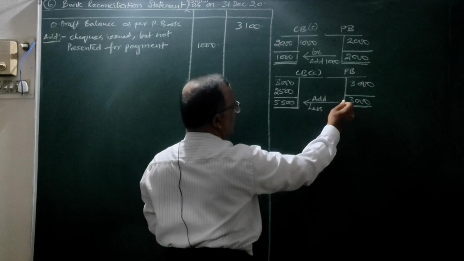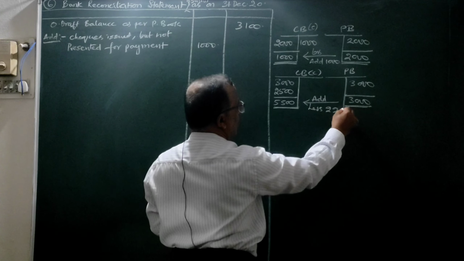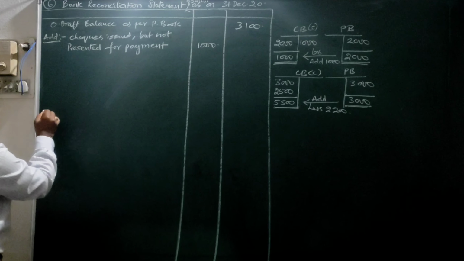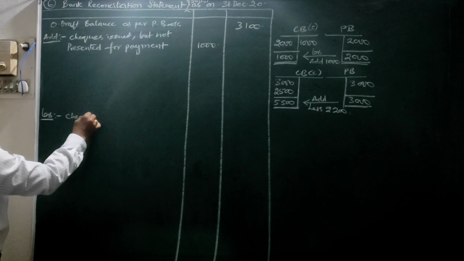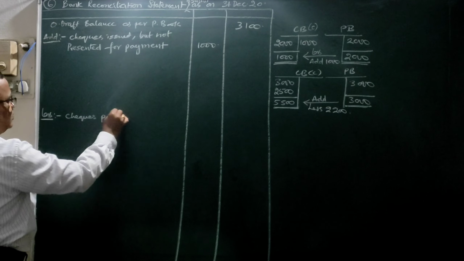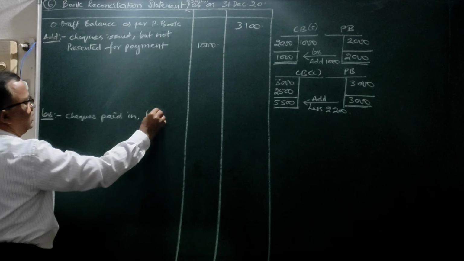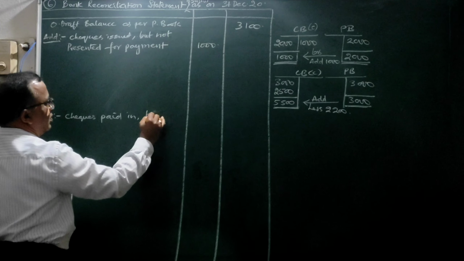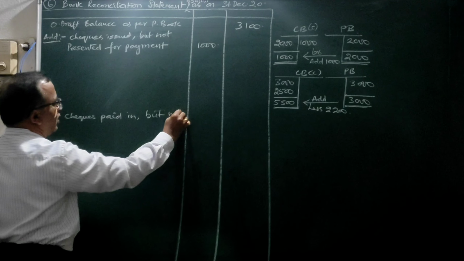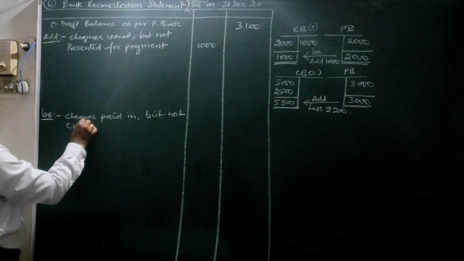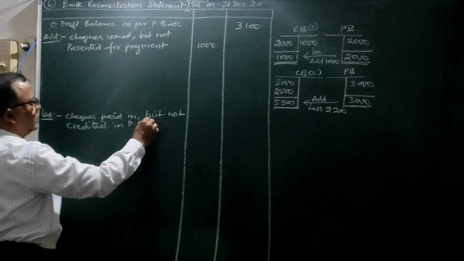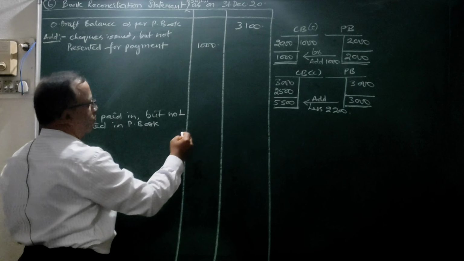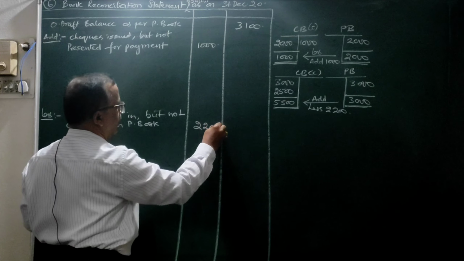How much difference between these two? 2200. So below less, these are checks paid in but not credited in passbook, 2200.